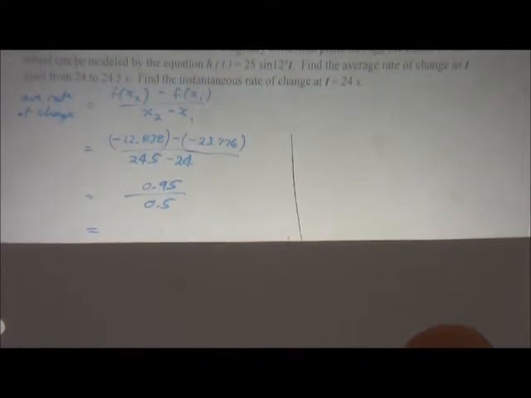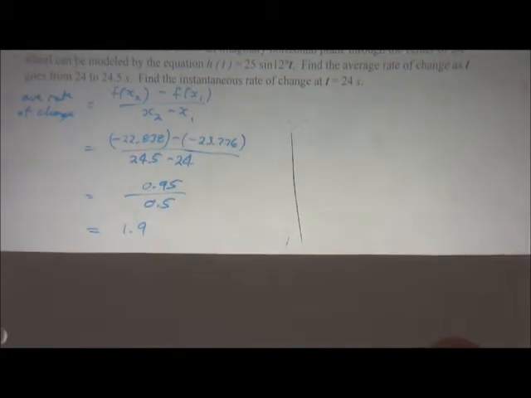The calculation? 1.9? Thank you. And what are the units for that? Kevin Guzzo. I'm not sure, but feet per second.